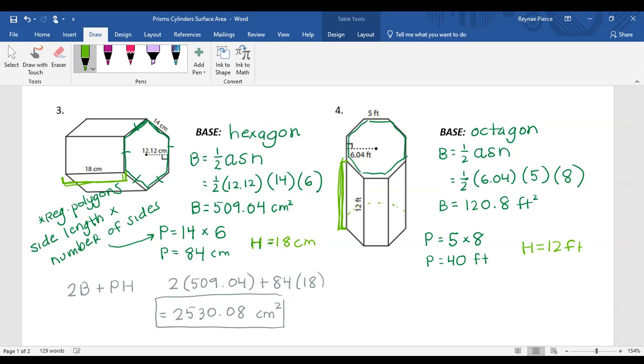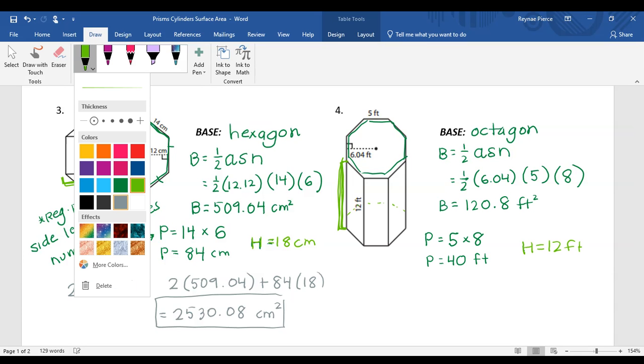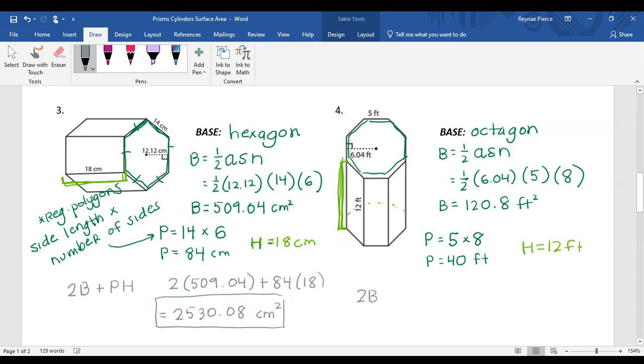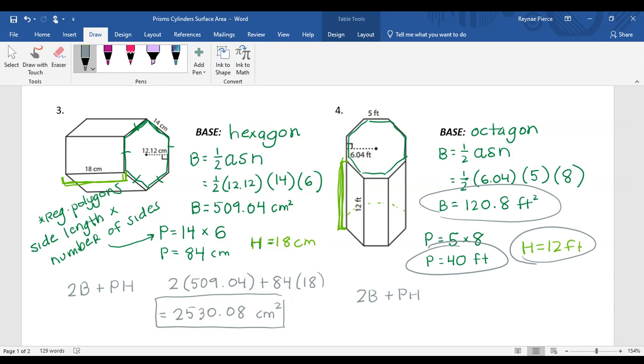So our height is 12. Okay. Put those 3 variables into our equation. Okay, 2 times the area of my base plus the perimeter times my height gives me a surface area of 721.6 square feet.